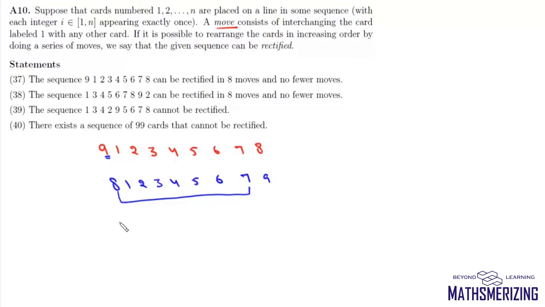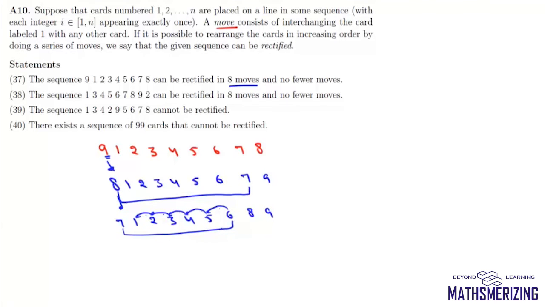So it'll be 7, 1, 2, 3, 4, 5, 6, 8, 9. Then we'll interchange 7 with 6, 6 with 5, 5 with 4, 4 with 3, 3 with 2, and 2 with 1. So we have 1, 2, 3, 4, 5, 6, 7, and 8 steps. So it can be done in at least 8 moves.